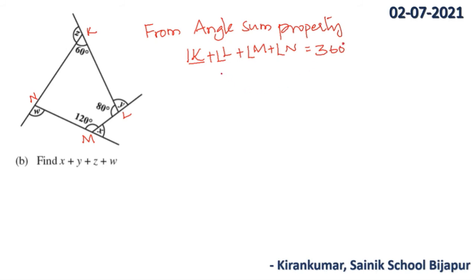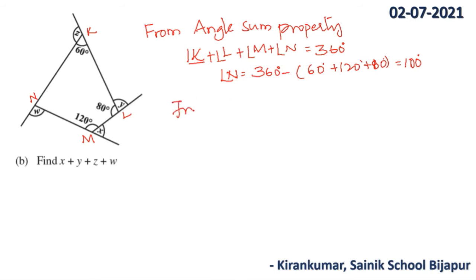So I can find out angle N. Angle N will be 360 minus the sum of 60, 120 plus 80. Add these angles, subtract, we get 100 degrees, because the sum is 260. So 360 minus 260 is 100 degrees.